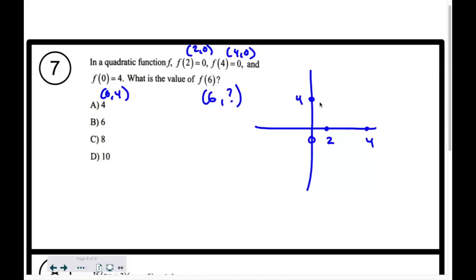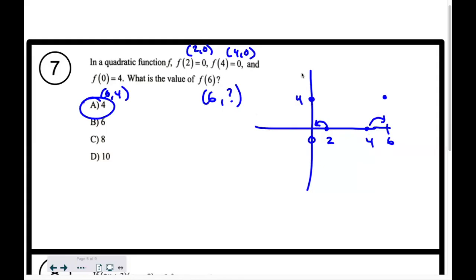All right. And remember, a parabola is symmetrical. So from this x-intercept, I'm going 2 units this way, well, notice that 6 is just 2 units this way. So if I go 2 units this way and it gives me 4, when I go 2 units this way, it should also give you 4. So the answer is just 4.